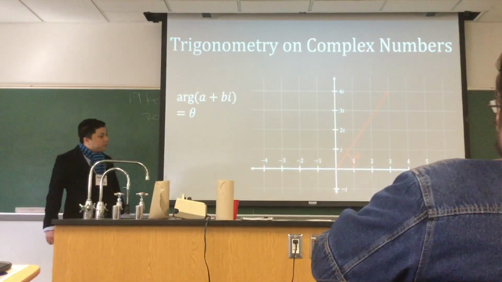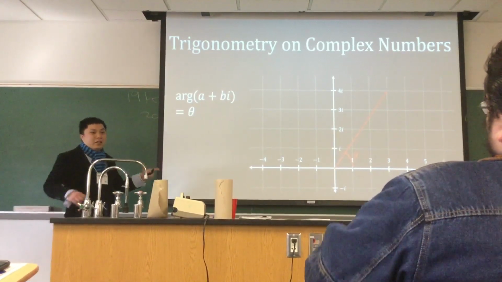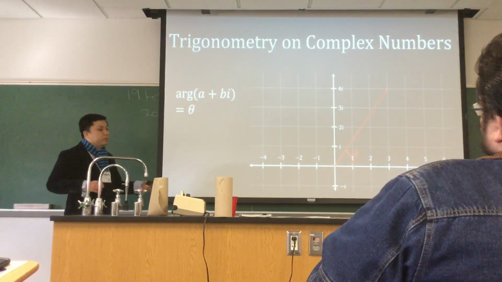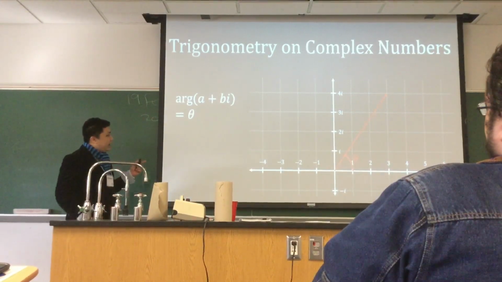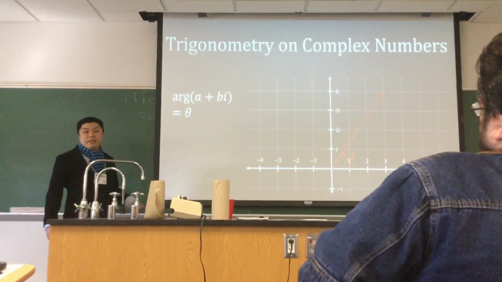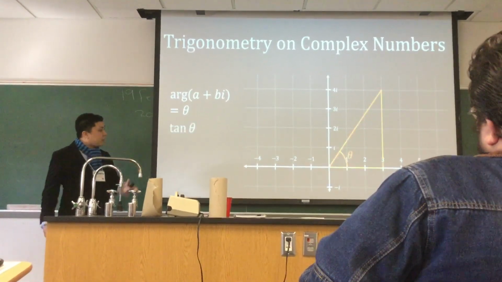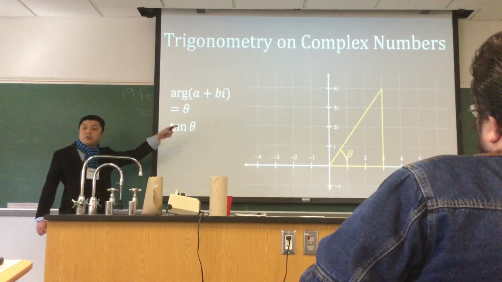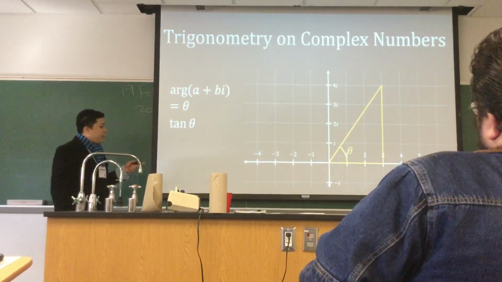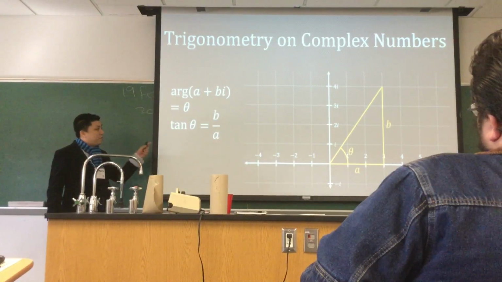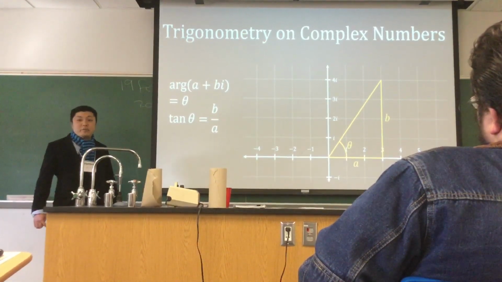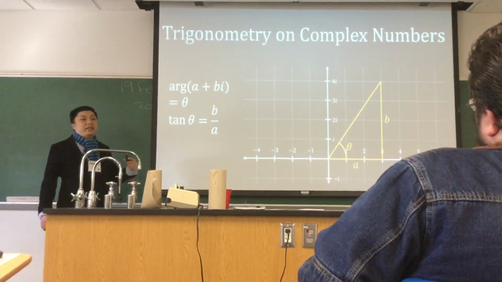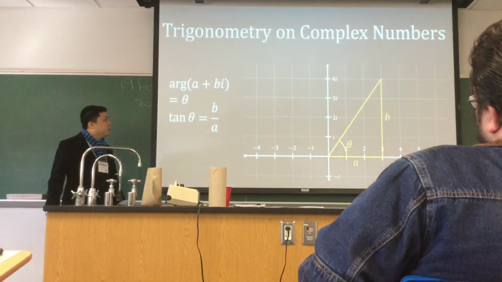And one more. Let's say there's some random complex number, and I want to take a theta. If I want to know the trigonometry, then I need to draw a right triangle like this. And tangent of theta is b over a, because b is the opposite side and a is the adjacent side.